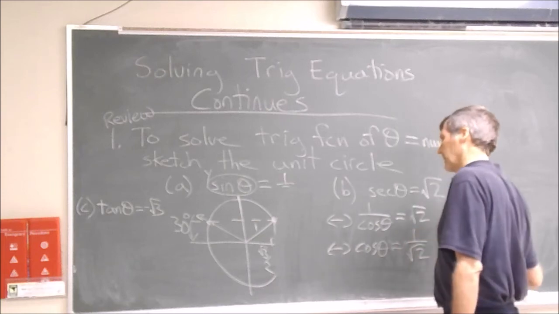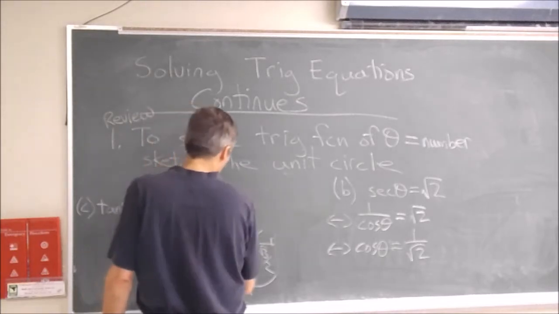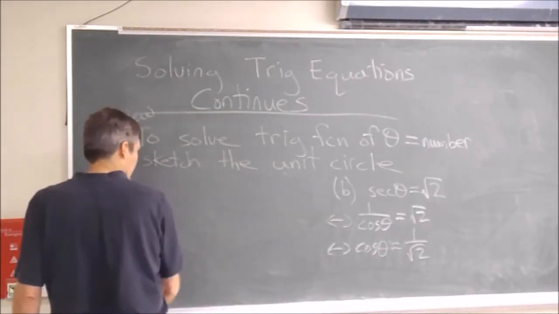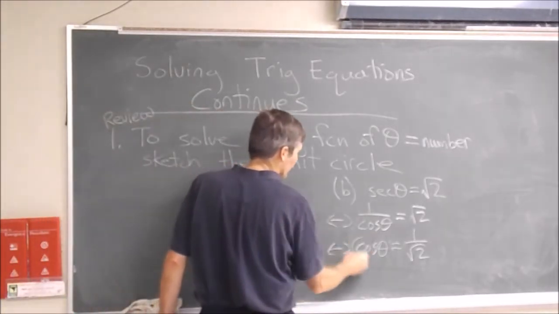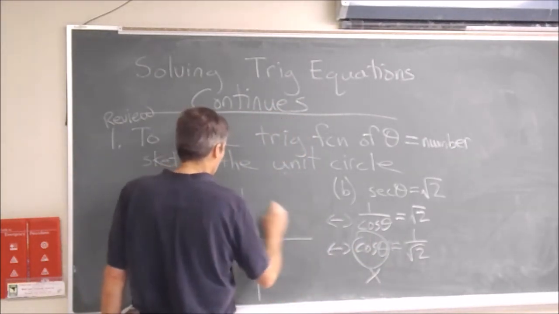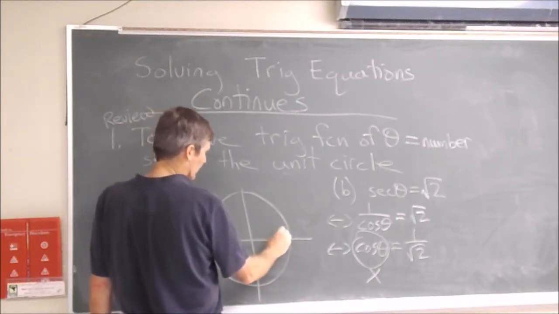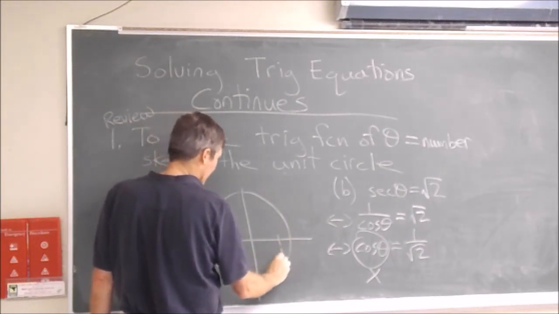What does that look like? Let's try the unit circle again for this one now. If we have cosine equal a number, remember cosine is the x-coordinate in the unit circle. So I go out to 1 over square root 2 about here.